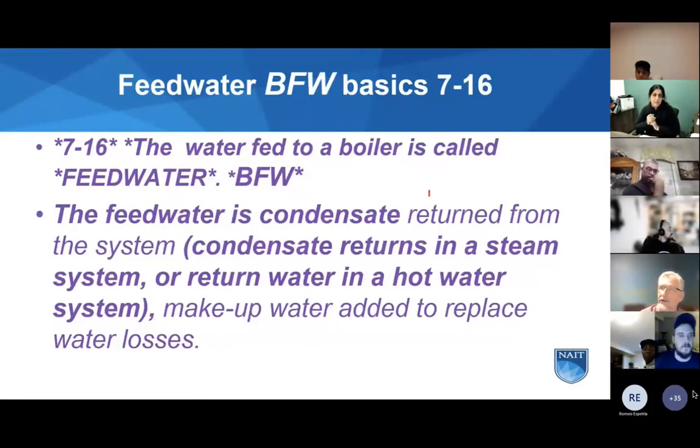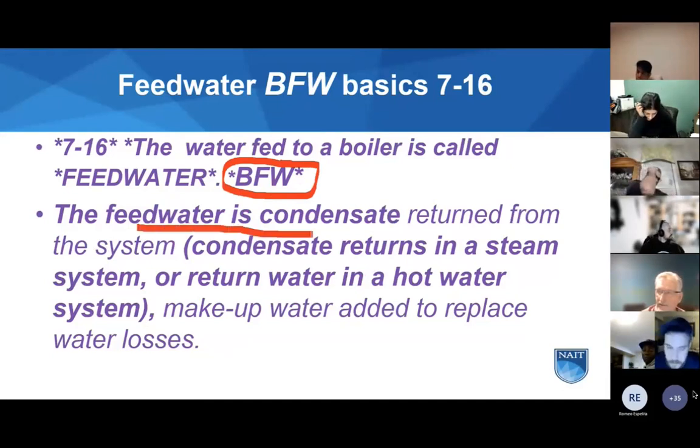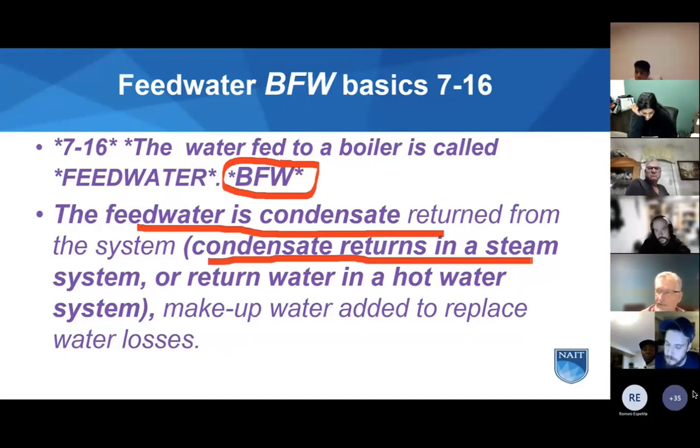The water fed to a boiler is called boiler feed water, and generally this applies to steam. The hot water circulating in a hot water system is the same water going out and coming back in. It's our heated water. If we're calling it boiler feed water, if we have a condensate receiver, it's referring to the water coming back from steam heated equipment.